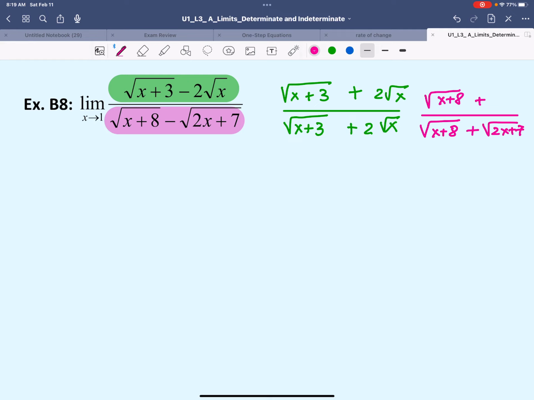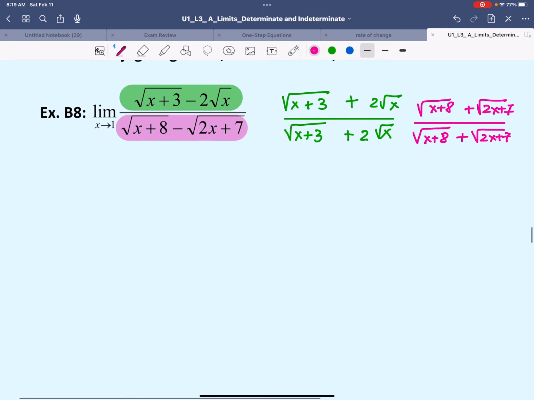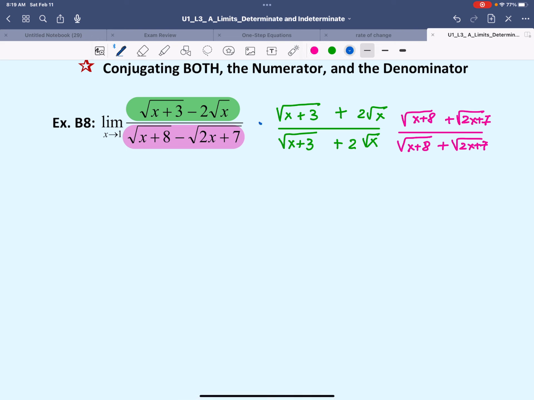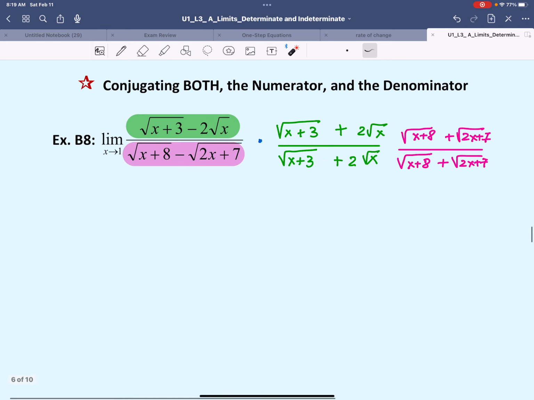As you can see here, we multiplied this function inside the limit by the conjugate of the numerator and the conjugate of the denominator. We call this double conjugation. So this is evaluating limits by conjugating both numerator and denominator.